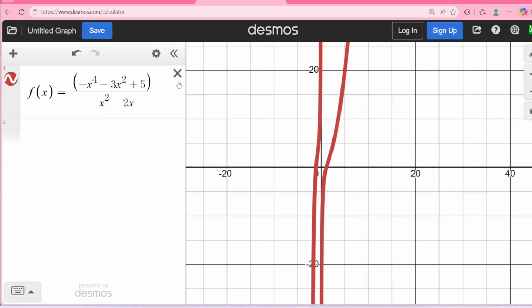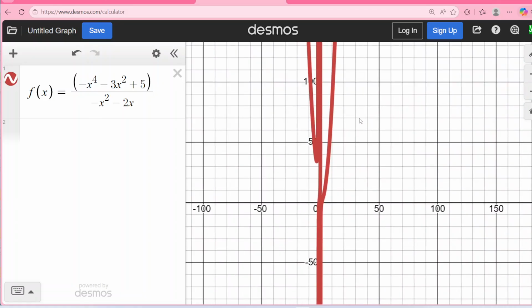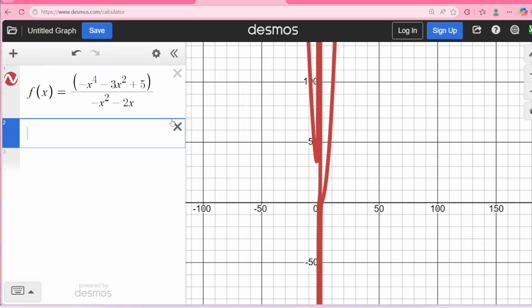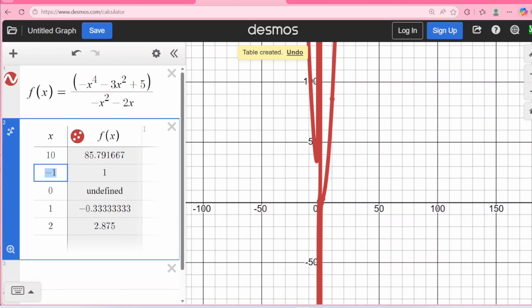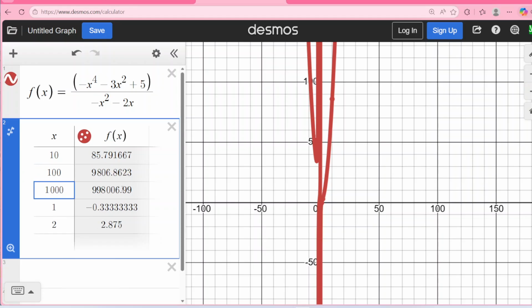Okay. So look, if I zoom out here, you can look at what happens to the far right. Going up forever, right? You keep moving to the right, values going up forever. If I make a table and look at this table, I plug in 10, the output's 85, plug in 100, the output's 9,000, almost 10,000, plug in 1,000, now the output's almost 1,000,000.